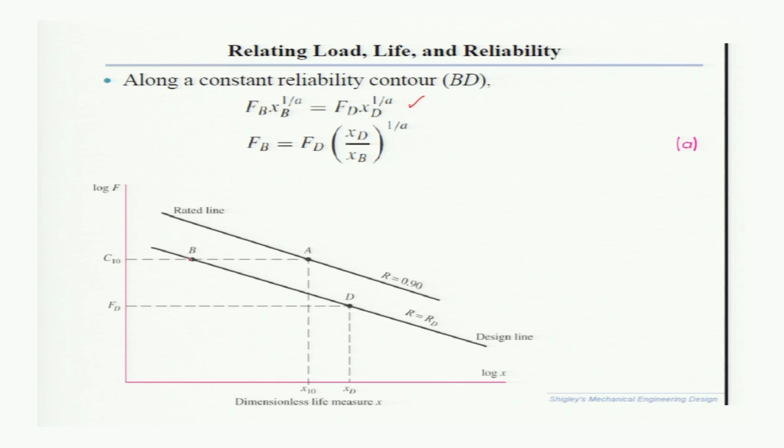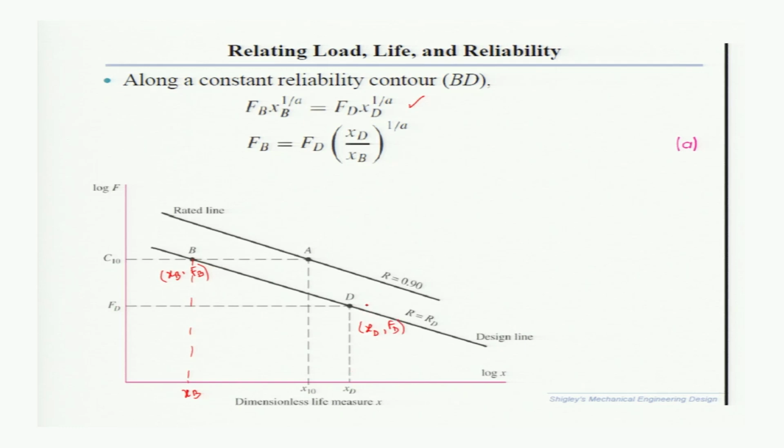That means the coordinate of B is XB and your FB. This is the coordinate of B, and the coordinate of D is your XD and FD.